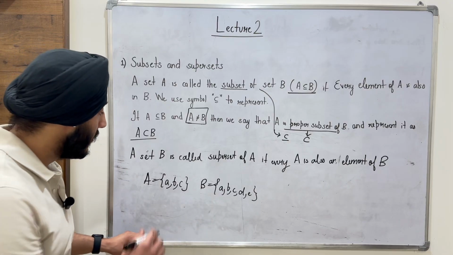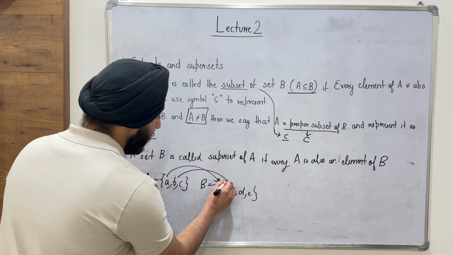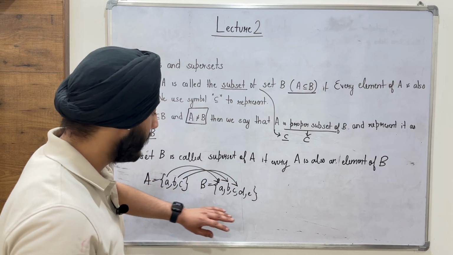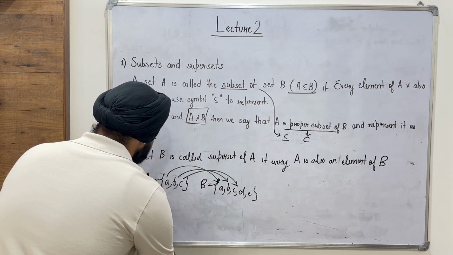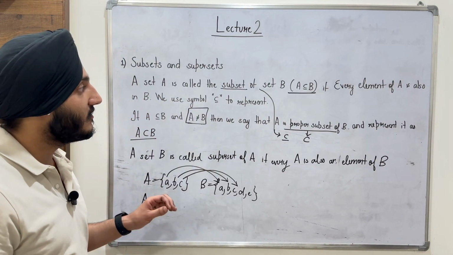That's the important part. So we have the small a, it's a part of B, small b is part of the big set B, small c is also a part of B, right? Hence, I can say that A is a subset of B. I hope you understand the basic definition of what is a subset.